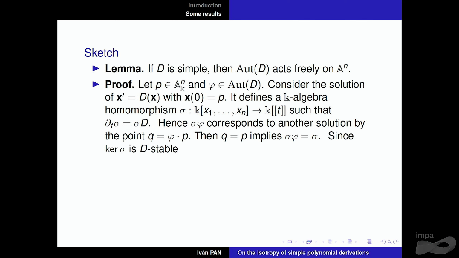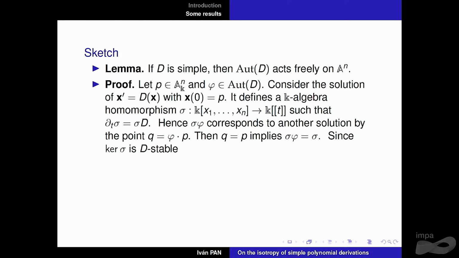But since the kernel of this algebra homomorphism, the sigma, is stable by D because of this condition: you take a polynomial on which sigma vanishes, then here is 0, and then sigma of D of this polynomial is also 0.